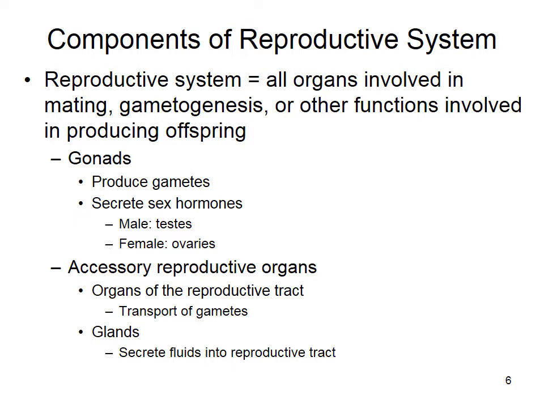And then testes produce sperm, ovaries produce ova or eggs. Okay, and then we'll talk about the accessory reproductive organs in both males and females, and these are the organs of the reproductive tract, which transport the gametes, and the glands that secrete fluids into the reproductive tract.